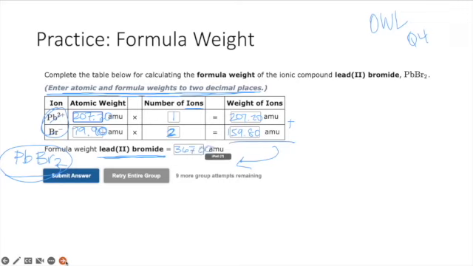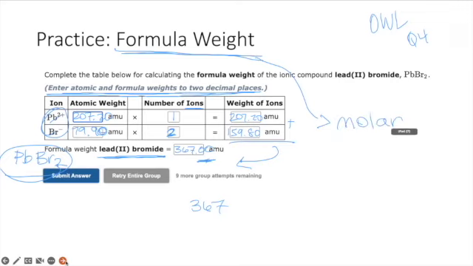It still wants this number to 2 decimal places, because when I type it into my calculator, it just gives me 367, but they still want that. So just FYI, a hint. Okay, so here I was calling it formula weight. It's the same thing as the molar mass. Both mean the same thing.